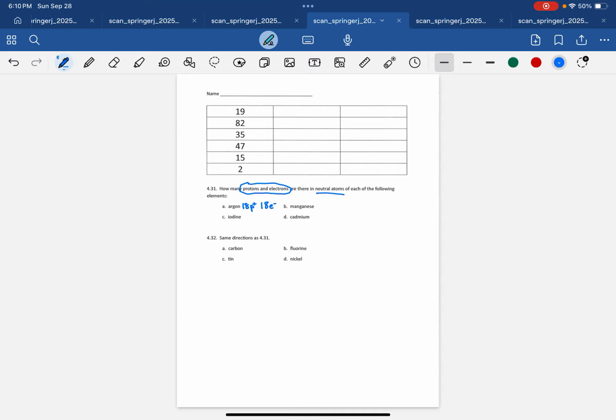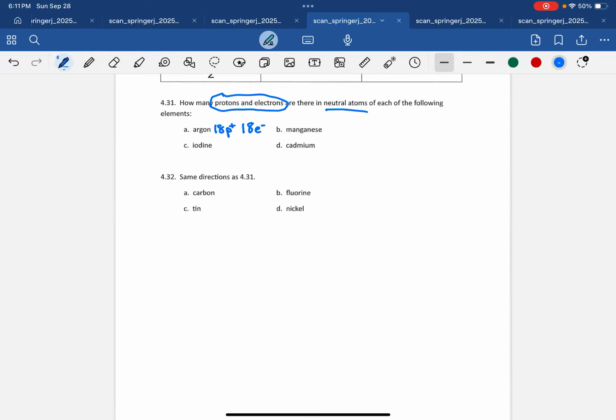I'll probably want you to do 5 more. I'll pick 5 more elements for you to do electron configuration for and put that on a sheet. Or we could add it on here at the bottom. The whole back of this page is blank. Why don't we do it on the back?